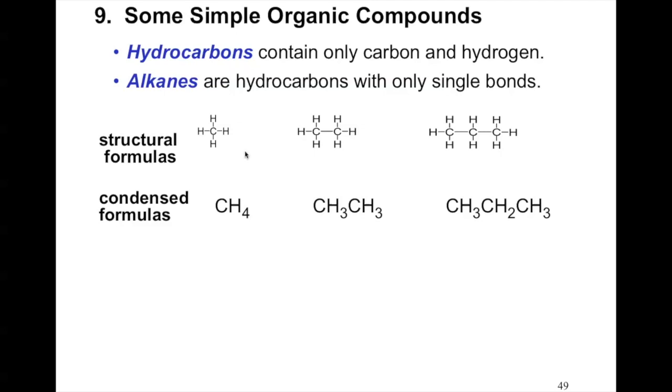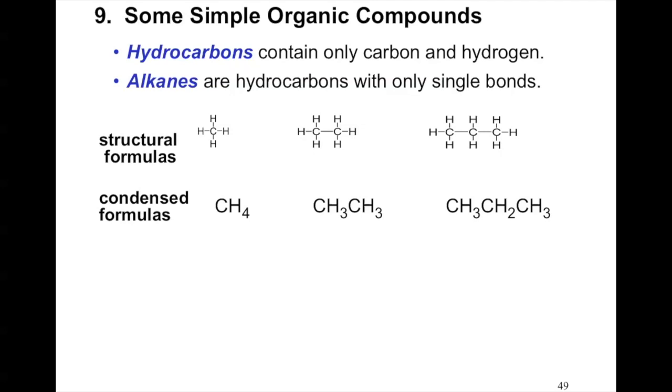Another way of representing these structural formulas are condensed formulas. Methane's pretty simple, CH4. Now, this particular formula, we could have just written it as C2H6, but writing it in this fashion provides a little bit more information because we can identify a CH3 fragment here and a CH3 fragment here that we can identify in our structures. So when you look at a formula like this, even though it doesn't look like it, it implies that the carbons are bonded together.